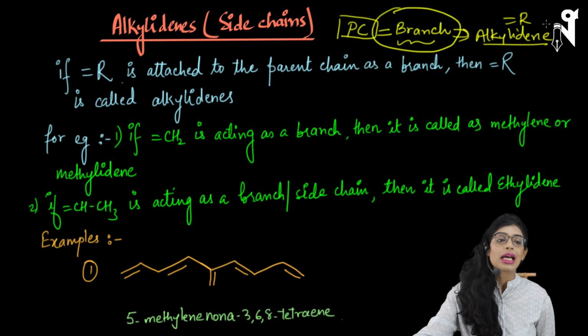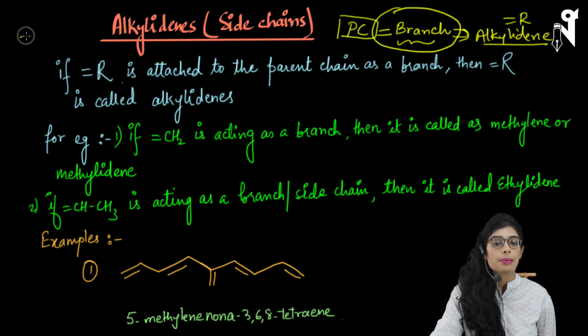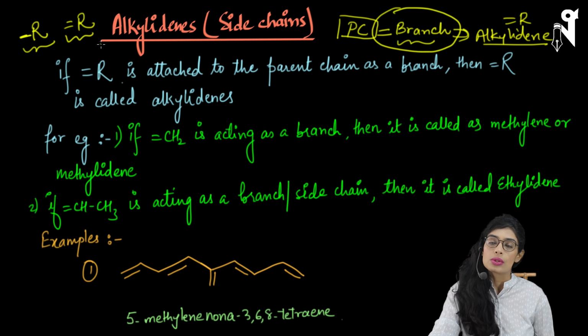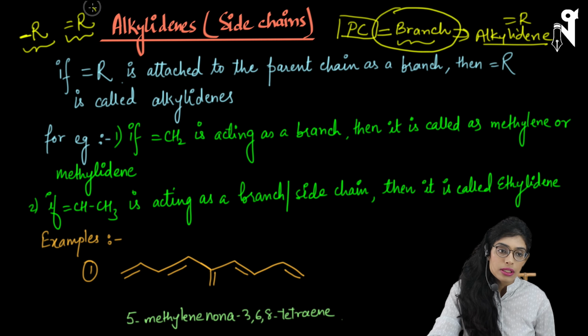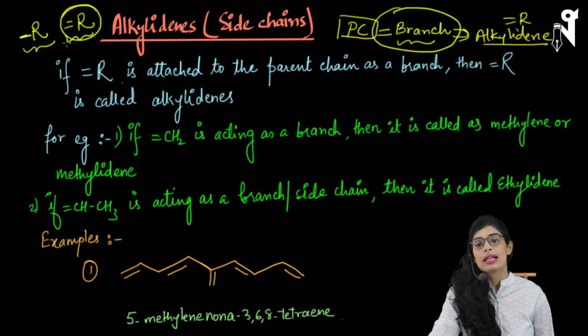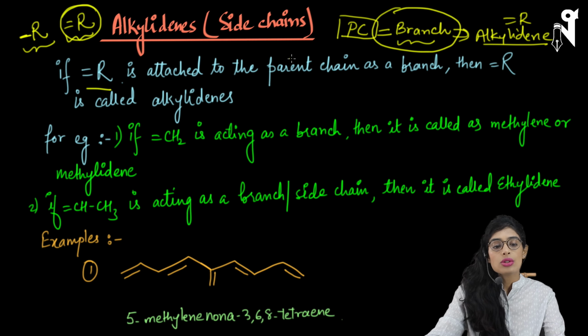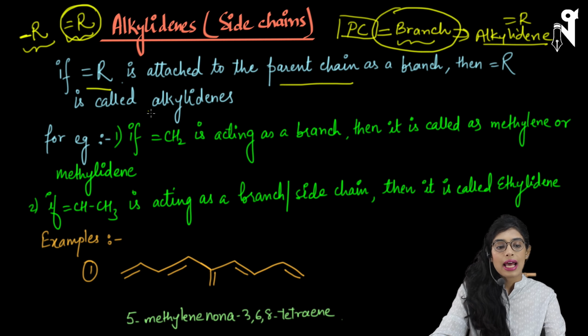When we talk about alkyl groups, we generally represent them as dash R or single bond R. That means this R group or carbon chain is attached to the parent chain using a single bond. Here, alkylidene is double bond R, which represents that the branch is attached to the parent carbon chain using a double bond. So this kind of branch will be called an alkylidene.